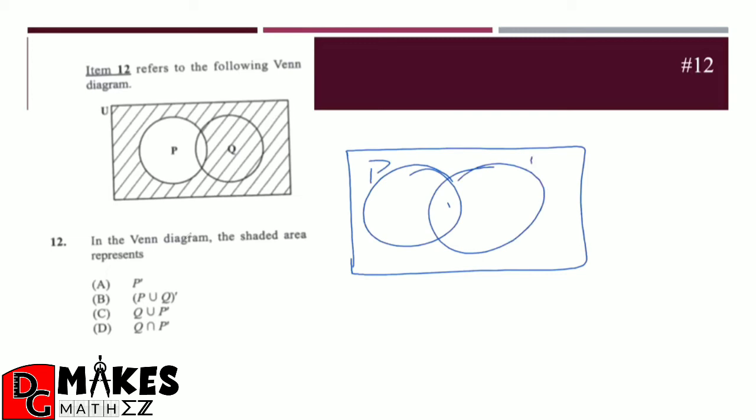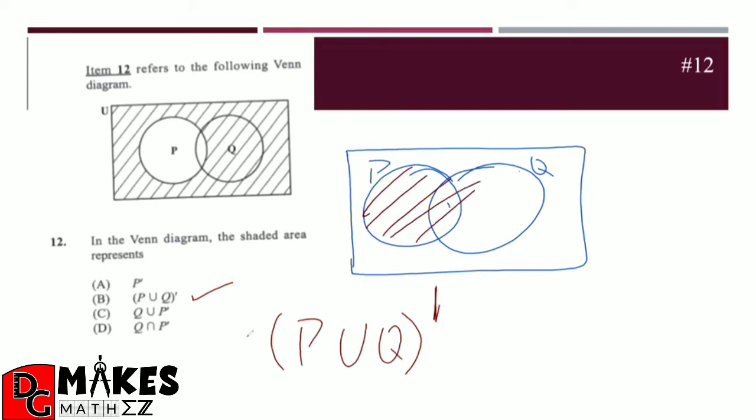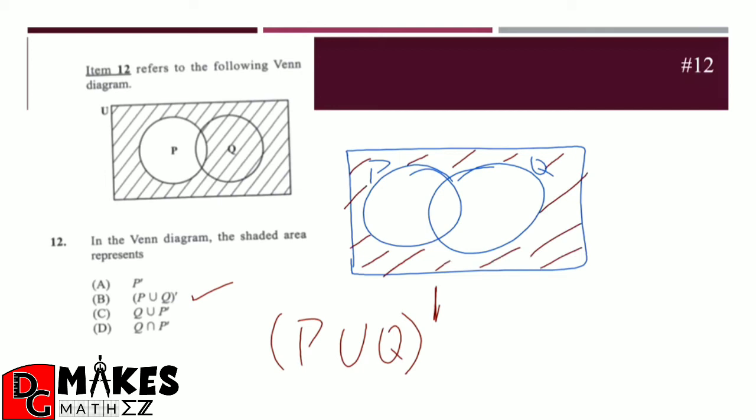Let's say this is set P, this is set Q. If we were to test if B was the answer, we would be looking for everything that's not in the set P union Q. So we can shade P union Q, which is the combination of both sets, and anything that's outside of that would have been the answer. So actually, let me just do the reverse now and shade everything that is not inside P union Q.